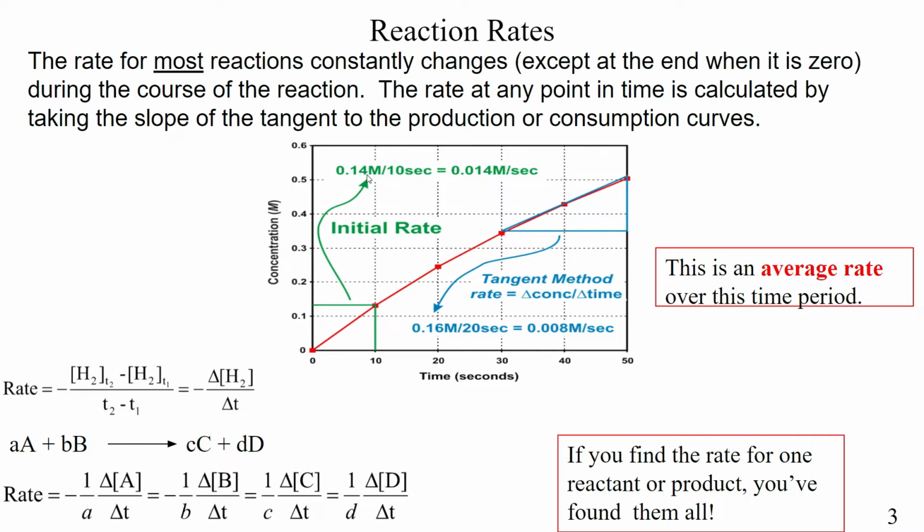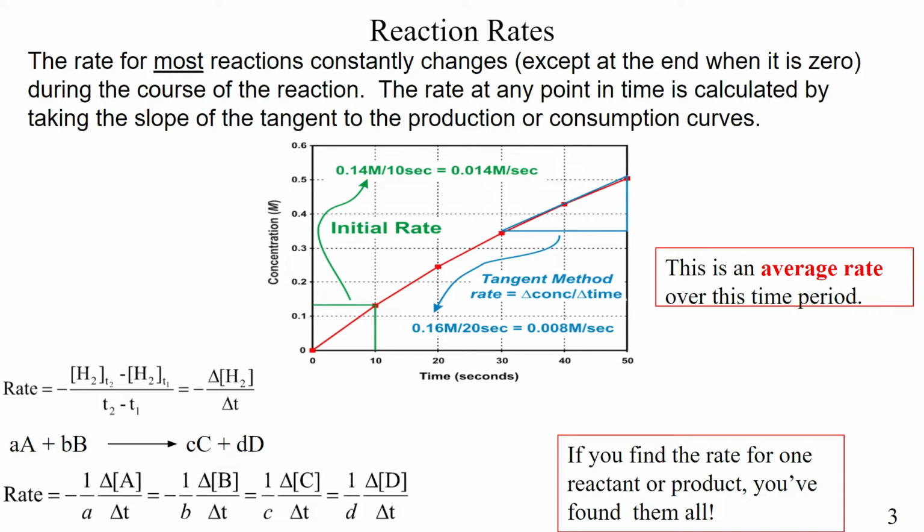Once we divide our concentration by our time, we now have our rate, because our rate is always concentration over time. So we found that the initial rate, right at the 10-second mark for this particular reaction, is 0.014 molar per second. That's my initial rate.